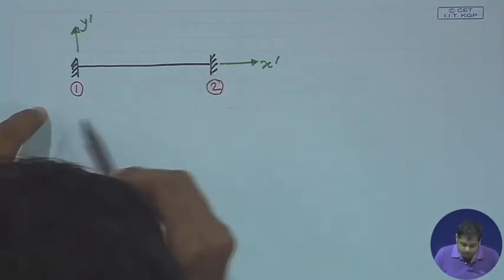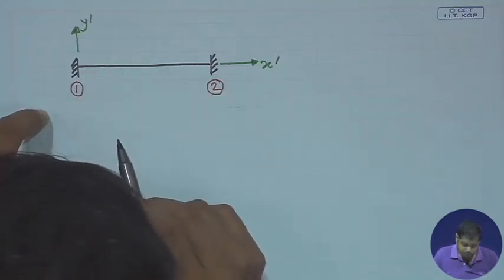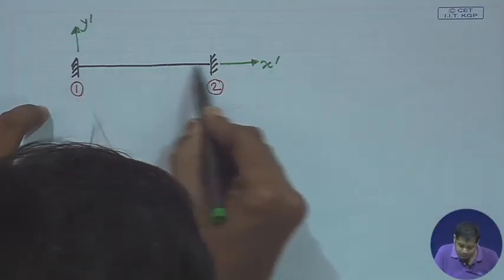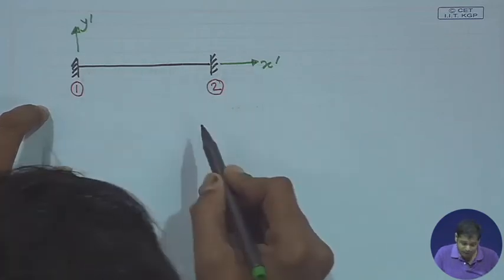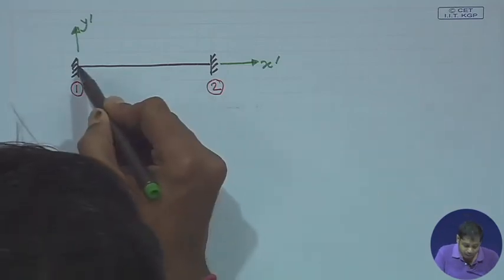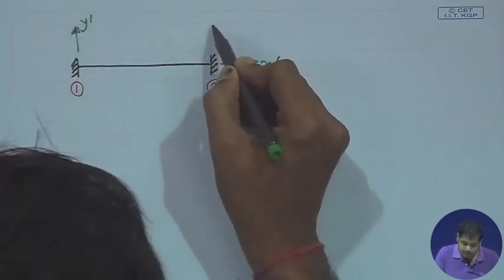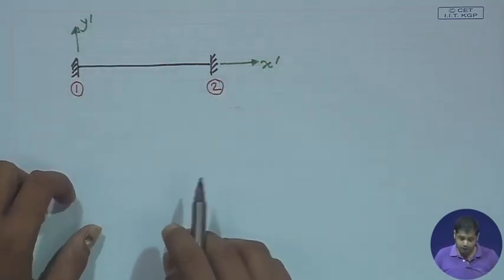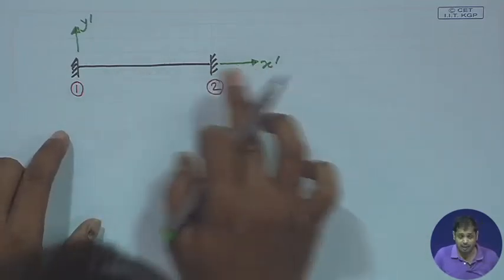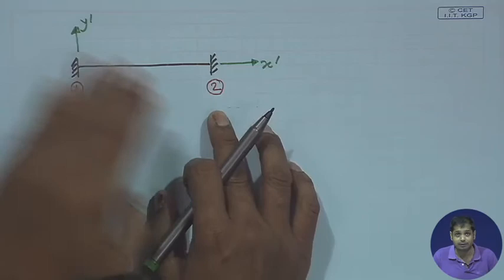To start with, let us assume there is no axial deformation in this member, so axial deformation is neglected. Then the degrees of freedom we are interested in at this point are the translation in this direction and the rotation, and likewise at the other point. So first, for a beam, we consider no axial deformation, and derive the stiffness matrix with the other 2 degrees of freedom per node.